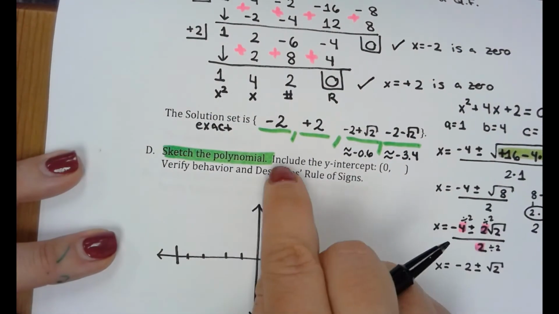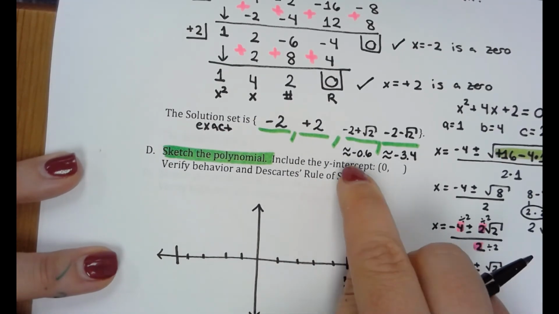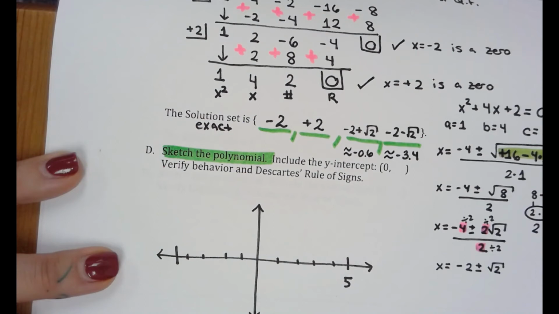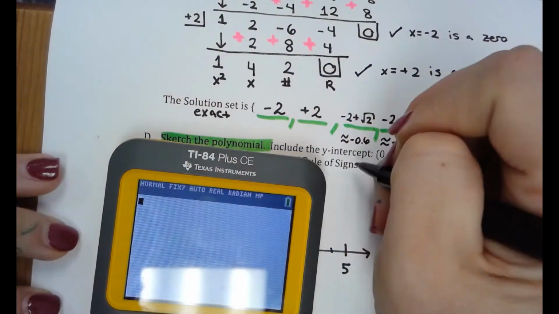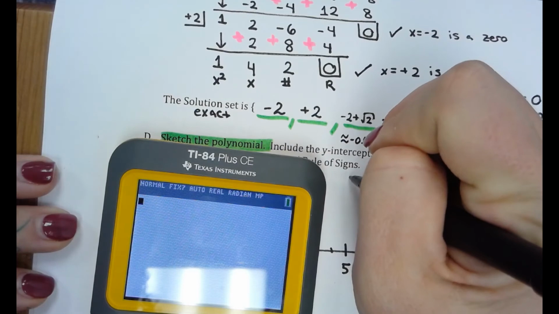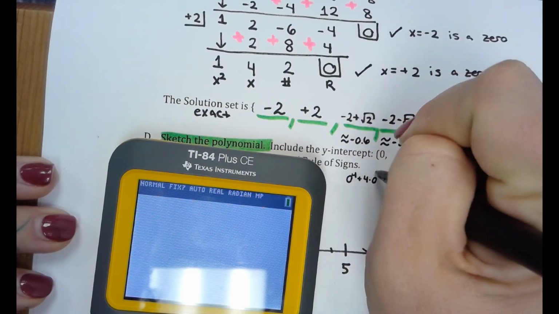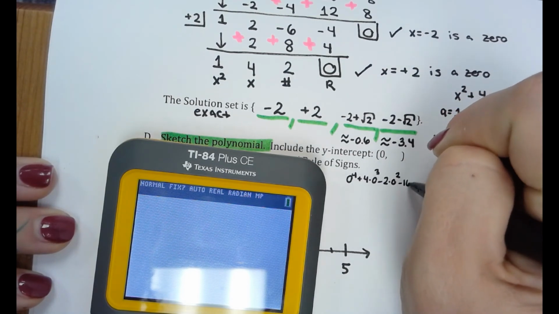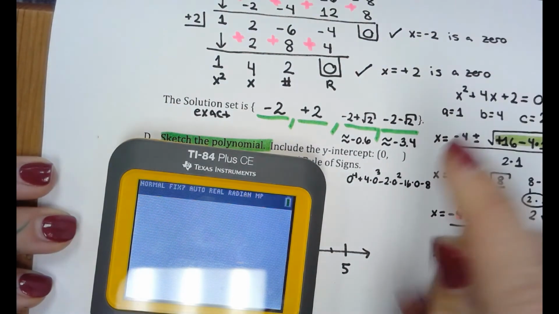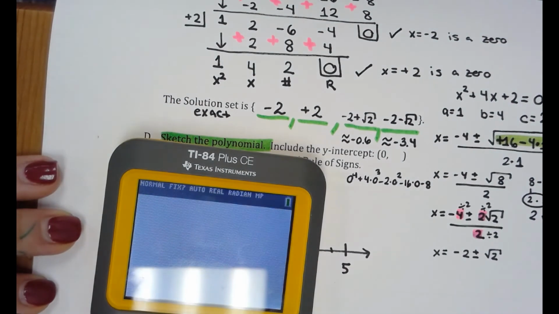Okay, the first thing I would like to do is make sure for my full sketch that I have the y-intercept. So you can plug that straight into your calculator. We are going to plug in 0, 0 to the 4th, plus 4 times 0 cubed, minus 2 times 0 squared, minus 16 times 0, and then minus 8. We're probably going to see negative 8 pop out, but I'm going to go ahead and type that in.